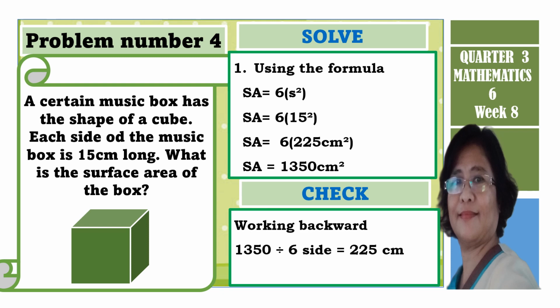Just work backward. 1,350 divided by 6, because there are 6 faces of the cube, and the answer is 225. So it is found here in our solution, so our answer is correct. And then if you take the square root of 225, one side of the cube is 15 centimeters.